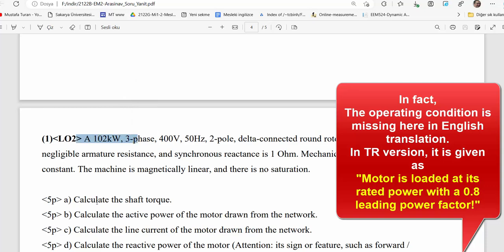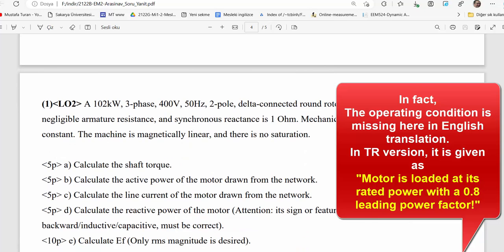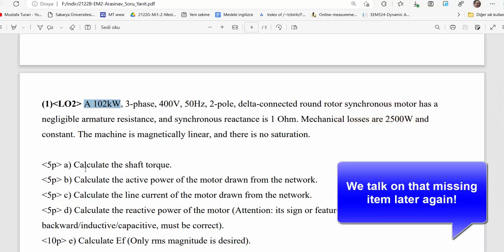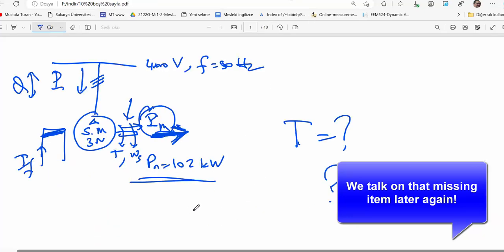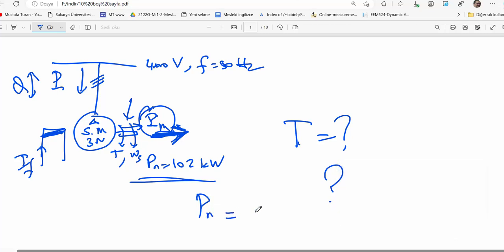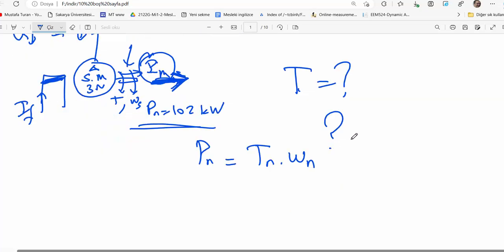In such a case, you can ask the lecturer, or there is no other solution. The only choice is using rated output power. So it would be better to write down here: calculate the rated torque. Rated output is equal to rated torque times rated speed.